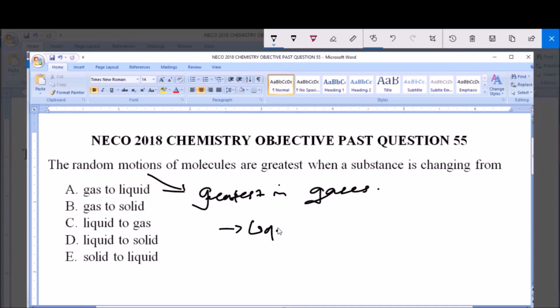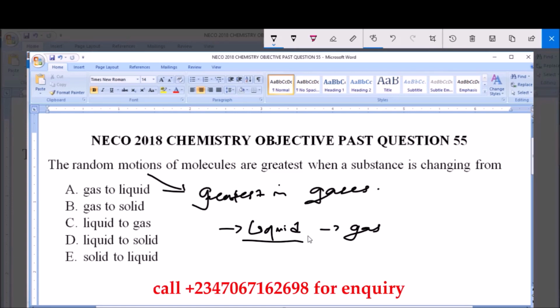Now, random motion will be greatest when changing from liquid to gas. This is because the molecules of liquid are more free than the molecules of solid, and so the random motion in liquid is more than that of solid. Changing from liquid to gas, we are increasing the random motion of this substance, because the random motion of gas in general is greater than that of liquid.